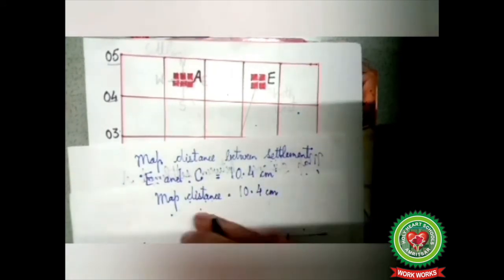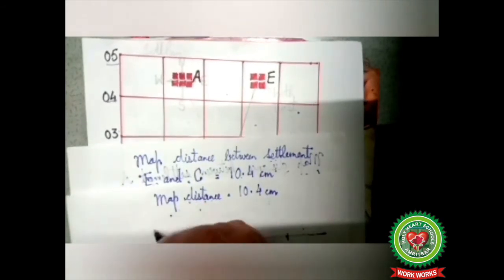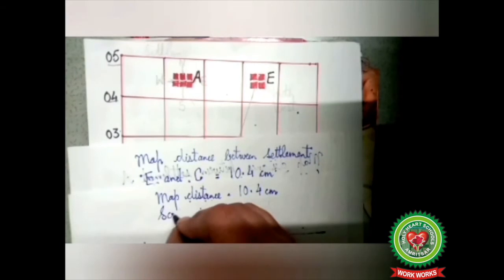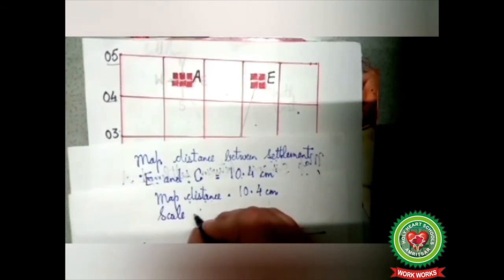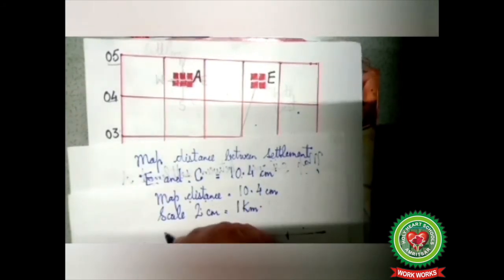Now we need to find out the same distance on the ground. So for that we know that the scale of the topographical map is 2 centimeter is equal to 1 kilometer.